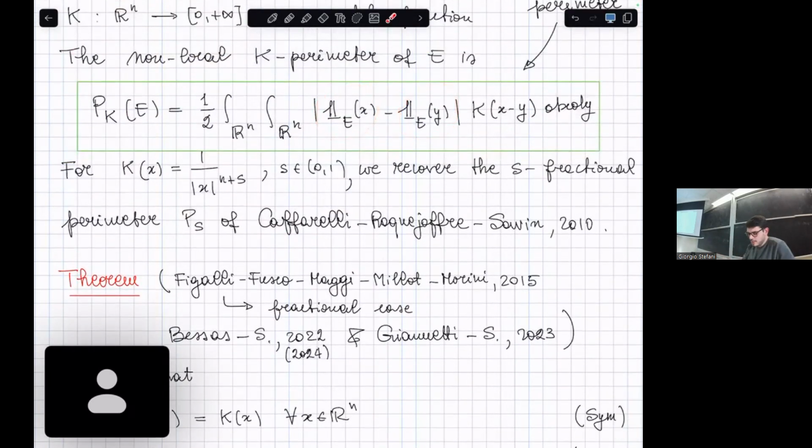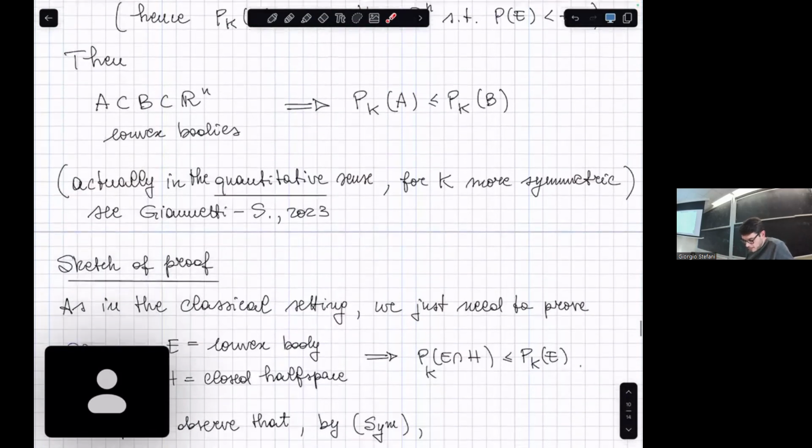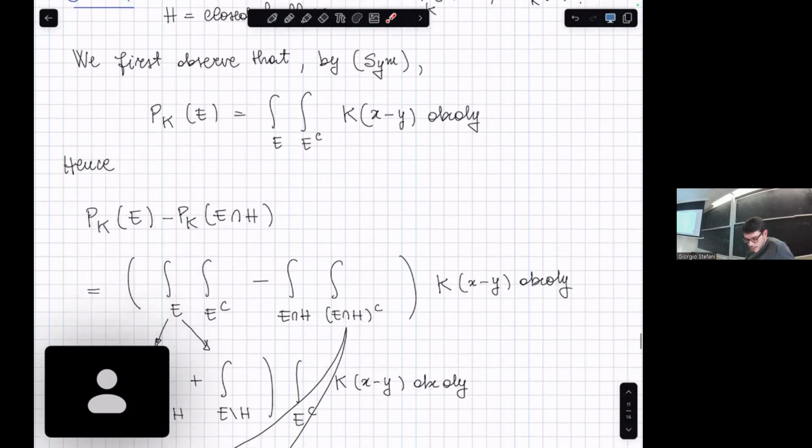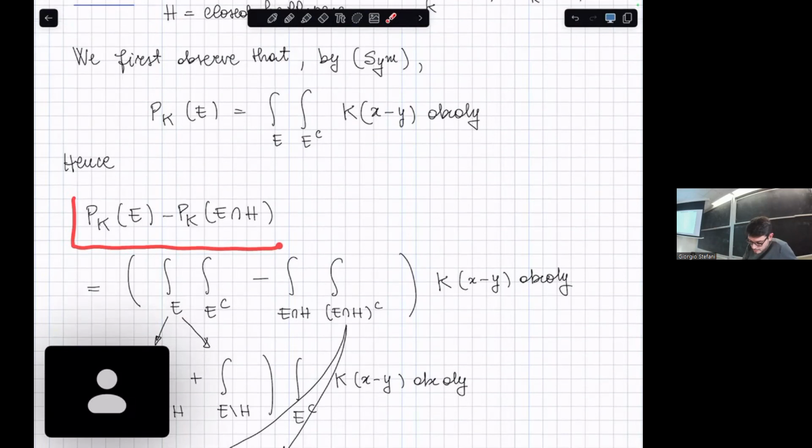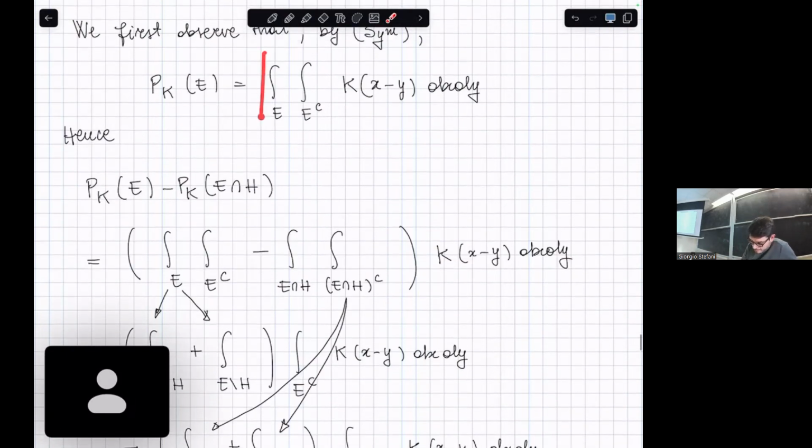So this thing here is either 1 or 0, and it depends on where you are, inside or outside. Okay, and then we go on. So we take potato minus sliced potato, and we use this definition here. Okay, so here it is, and since we have E intersected with H, here it is the other part.